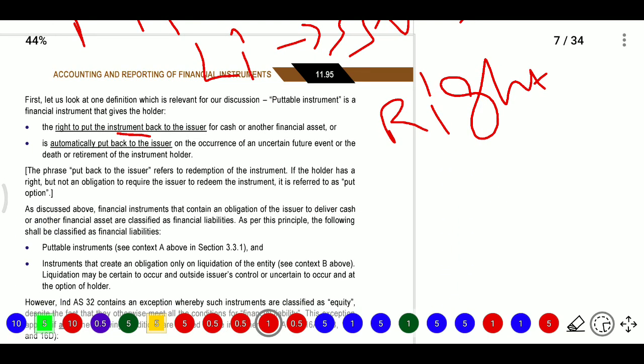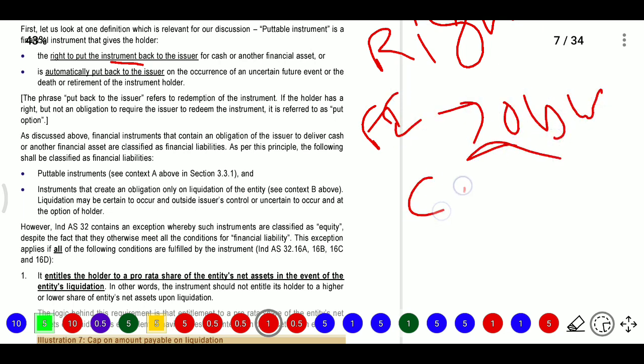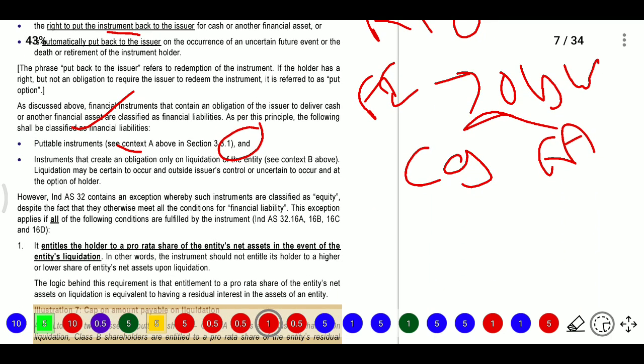Here we discussed that a financial instrument means we have an obligation. The obligation may be delivery of cash or another financial asset. Then it may be classified as a financial liability. A financial liability will be classified when it has putable instruments or a financial instrument that creates an obligation only on liquidation of the entity.